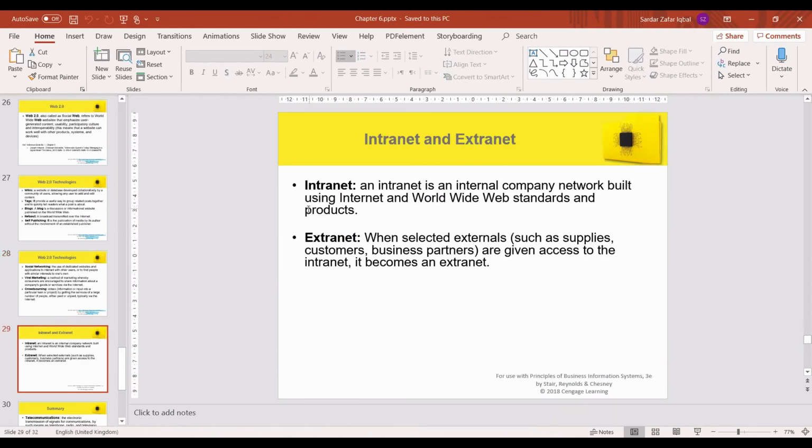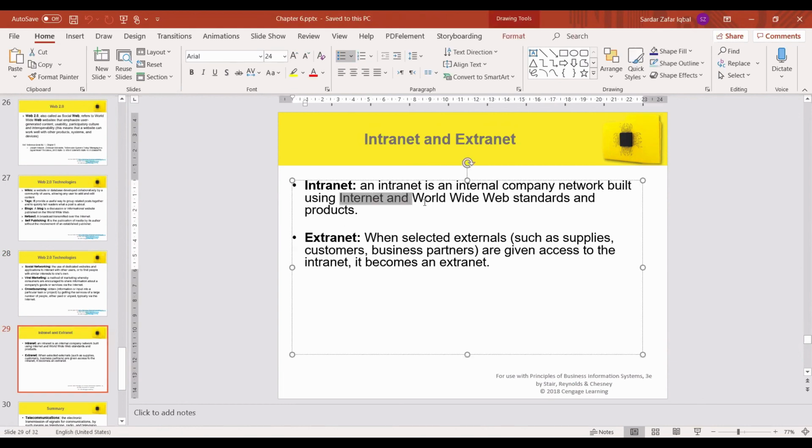Intranet and extranet. Intranet is an internal company network built using internet and worldwide web standards and products. So you can create your own internet for your organization. Okay, so it's just for a small area.